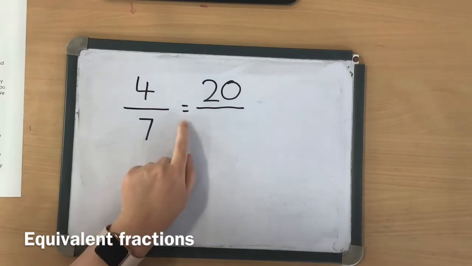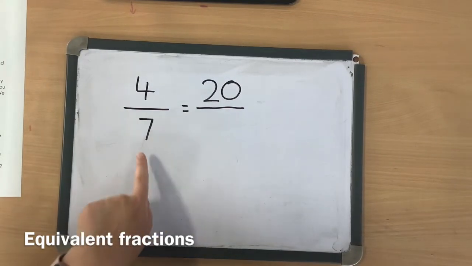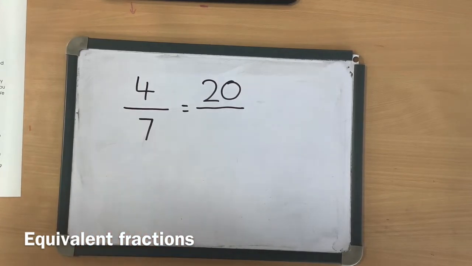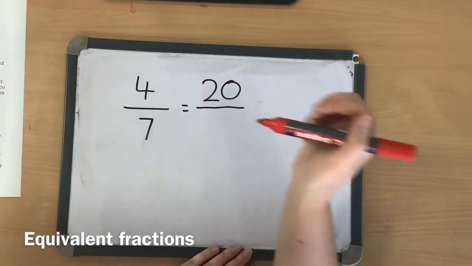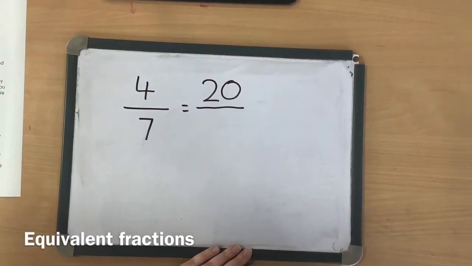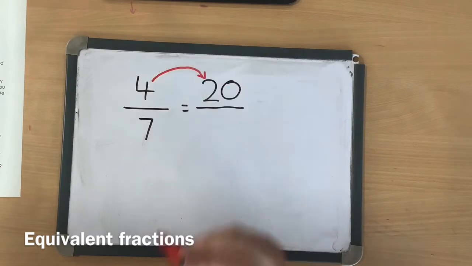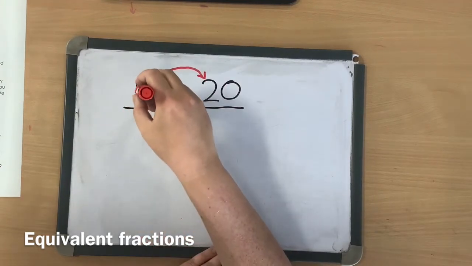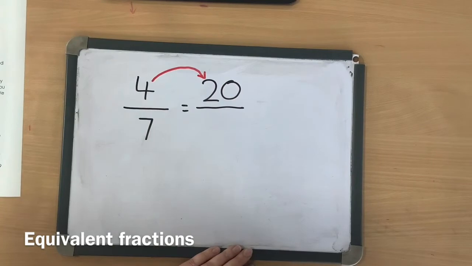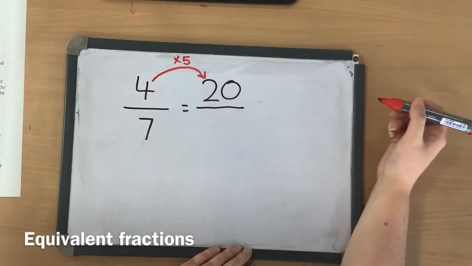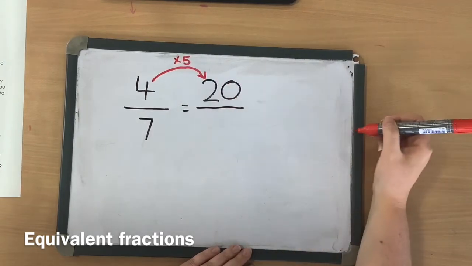I've got my equal signs here, so I know that I'm working out an equivalent fraction, a fraction that will be equal. Because I've got my numerators, I can have a look at my two numerators, 4 and 20, and think about what do I multiply 4 by to get 20? Using my times table knowledge, I know that I have timesed it by 5 because 4 times 5 is 20.